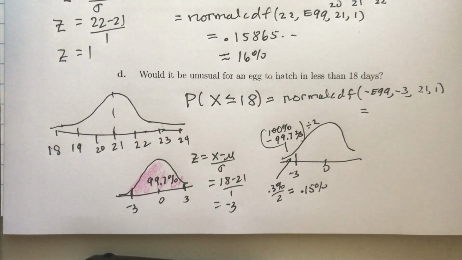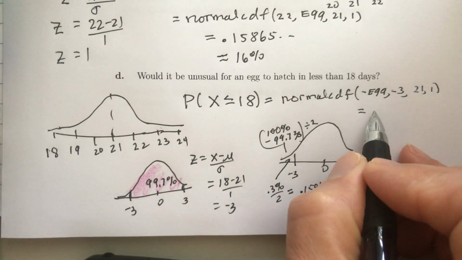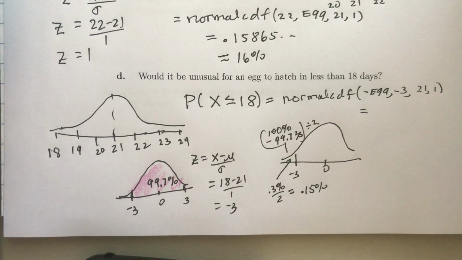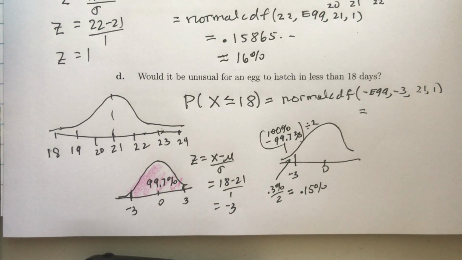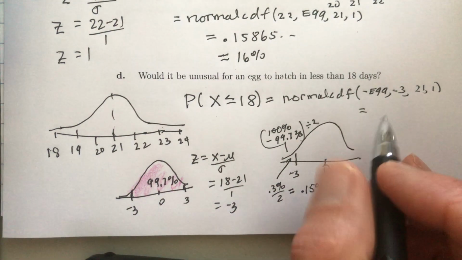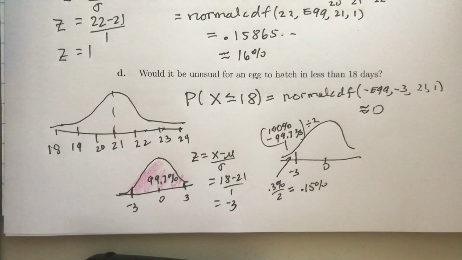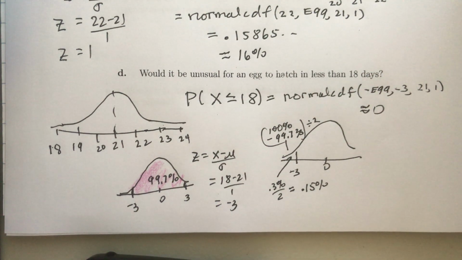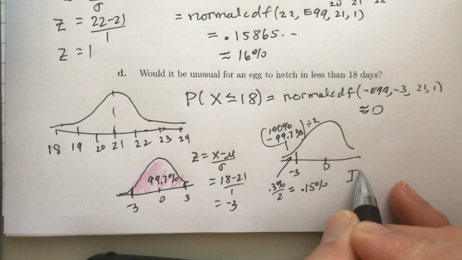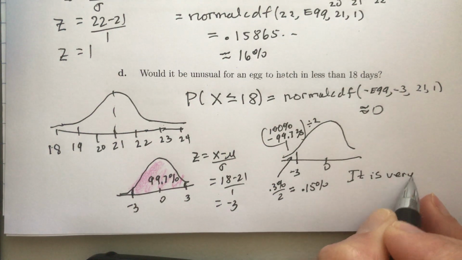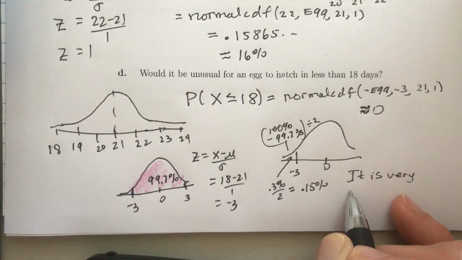I'm getting 0, but it's about 0.15%. It surprises me that the calculator is not going to give us a better number. But anyway, it's going to be close to 0. The probability is never going to be 0 anyway. So apparently it's close to 0. Okay, so it is very unlikely. That's not equal to 0, it's approximately 0.